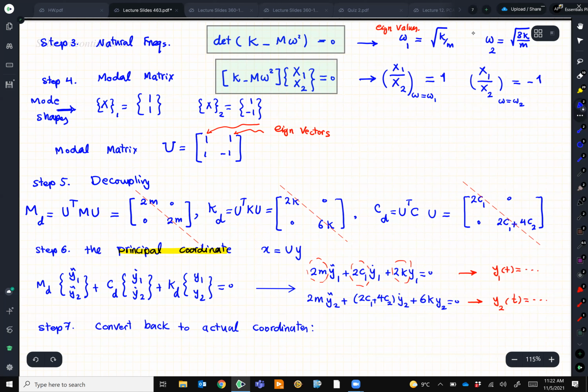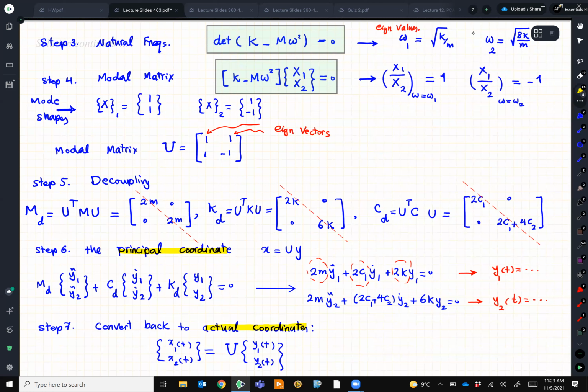What we simply need to do is, for our actual coordinates x1(t) and x2(t), again use the U matrix multiplied by y1(t) and y2(t). So if you notice, I use the word actual coordinates. Remember, x1 and x2 have physical meanings.